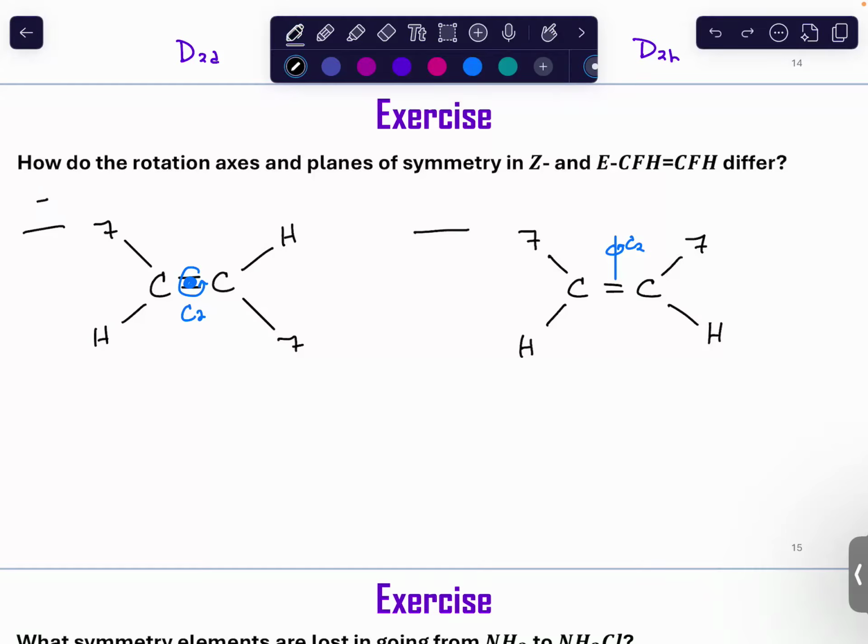Okay, so this one's your E, this one's your Z. So let's review that again since I messed it up. Your E has the top down, and then Z has the cutting through. I guess they both go through the double bond, but trans, opposite. F will be cis, same side. Now it's correct. Yay.